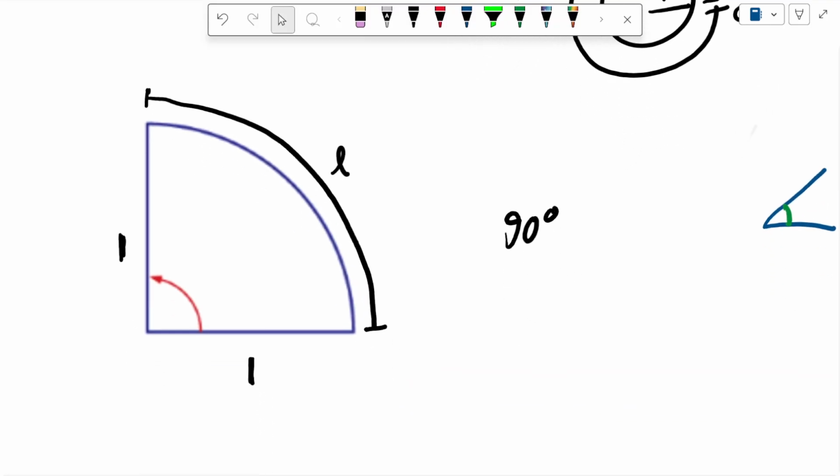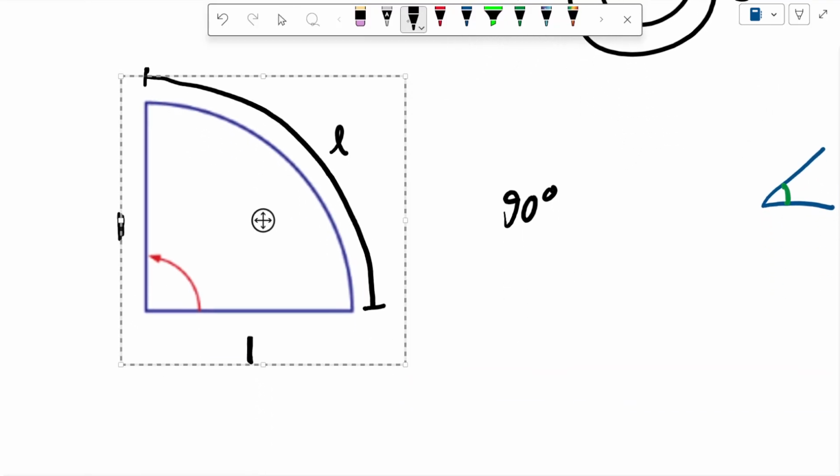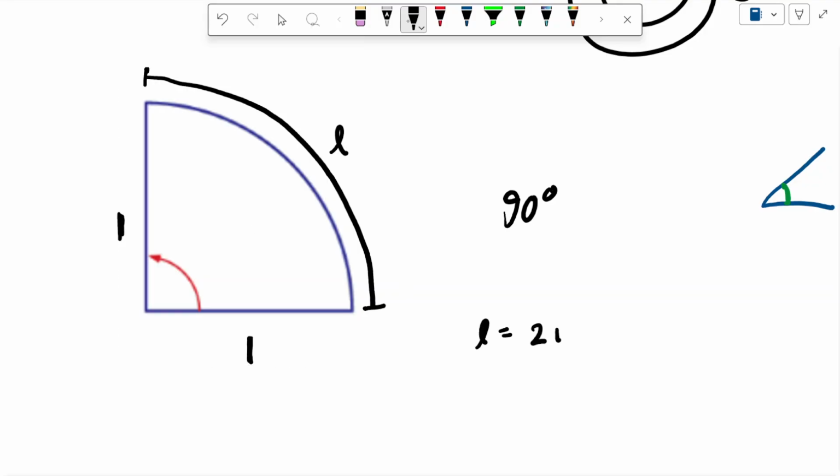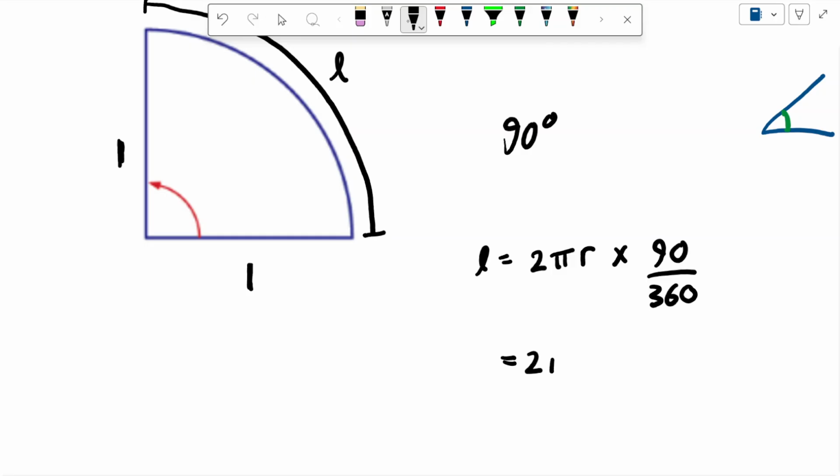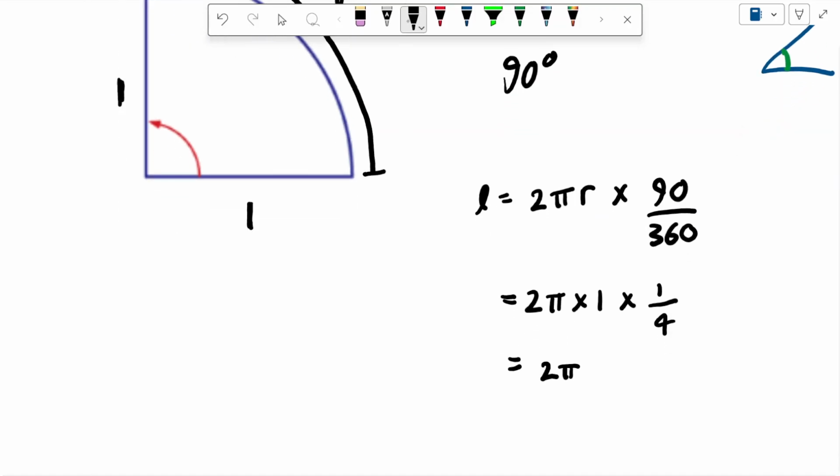So if we want a quarter of a circle, the length is going to be the whole circumference times a quarter, and where that comes from is we got 90 degrees out of the full 360. And the radius is 1, and that fraction's a quarter. So the whole length is going to be 2 pi over 4, or if you want to be really fancy, pi over 2.